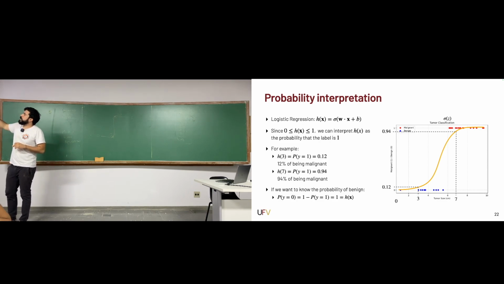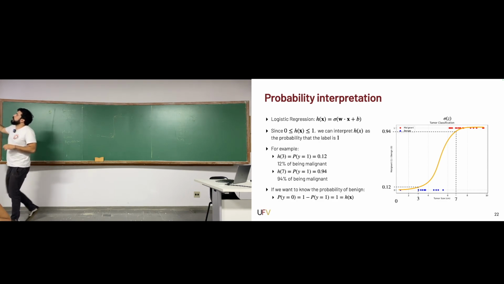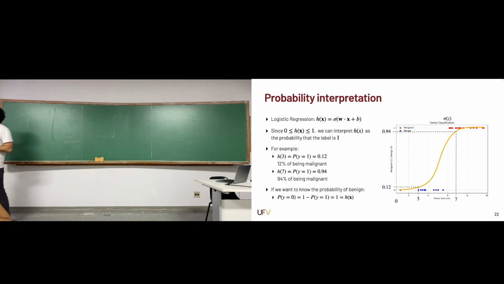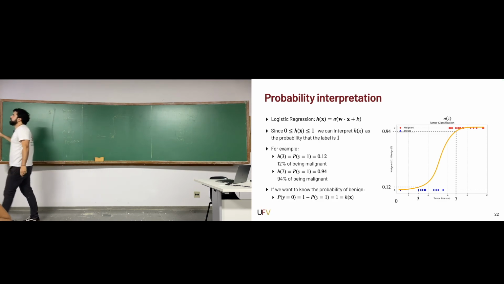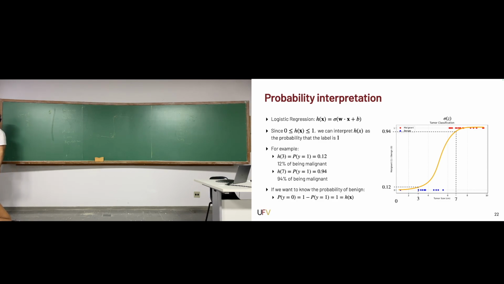Since we are in this domain of 0 to 1, we can think of h of x as the probability that the label is 1. Let's think of this. When I predict h of 3, if you look at the graph here, h of 3 is equal to 0.12. What does the 0.12 mean?